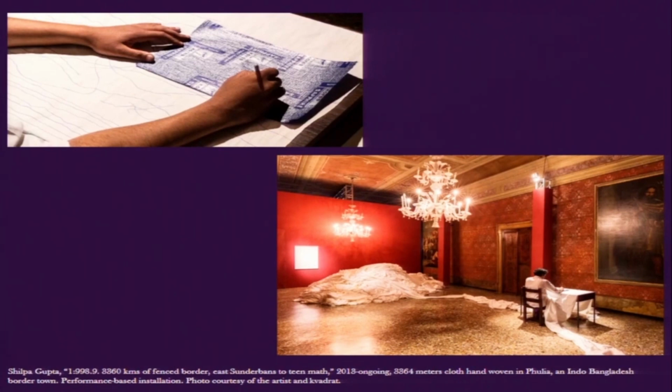So this plain hand-woven textile, which comes from this frontier town in Bengal and does not have any stain or any line, comes to represent land for Shilpa Gupta. Then there is a performer seated with a table, a chair and a desk, almost like a colonial cartographer, who would use carbon paper or tracing paper for drawing lines on top of this fabric.